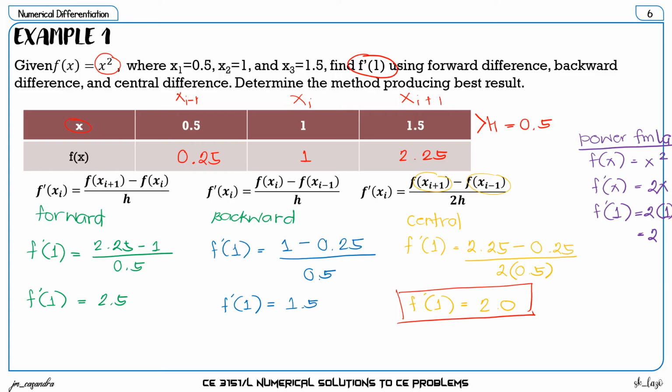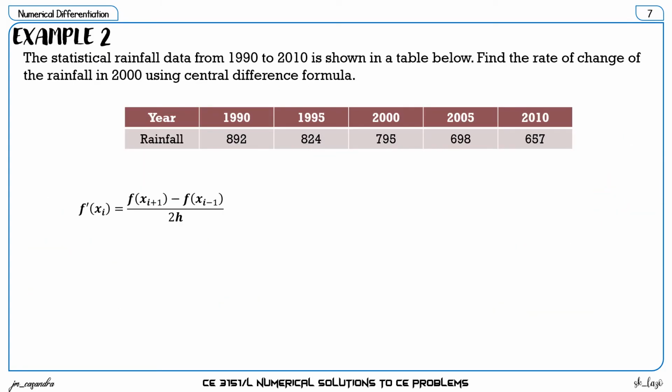For our next example, we have the statistical rainfall data from 1990 up to 2010 shown in the given table. We are to find the rate of change of rainfall in 2000 using the central difference formula.